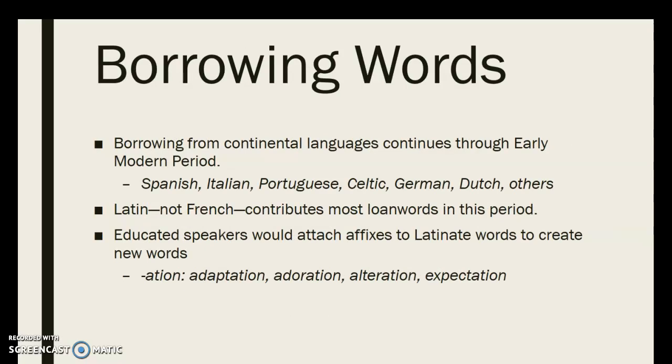Continuing, English continues to borrow from European languages during the early modern period, but we see Latin making more contributions to English than French or other continental languages. The advent of easier, more affordable travel meant that more people could visit other countries and bring back loan words with them.